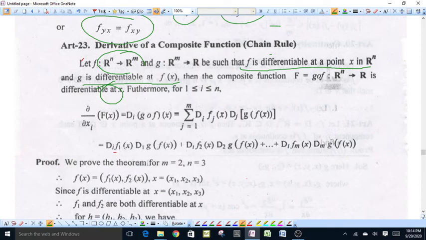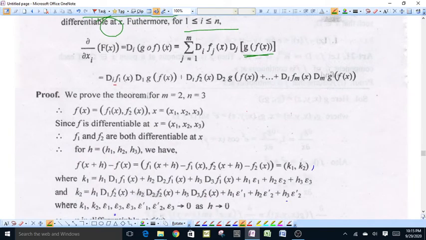Also, for i from 1 to n, the partial derivative of the composite function capital F(x) with respect to xi will be equal to summation j equal to 1 to m of Di fj(x) Dj g(f(x)), that is equal to Di f1(x) D1 g(f(x)) plus Di f2(x) D2 g(f(x)) and so on, plus Di fm(x) Dm g(f(x)).